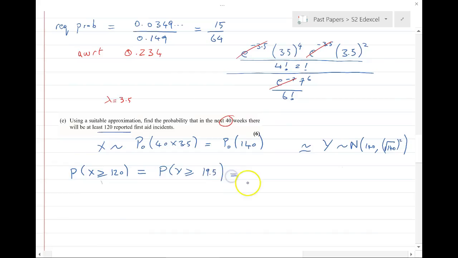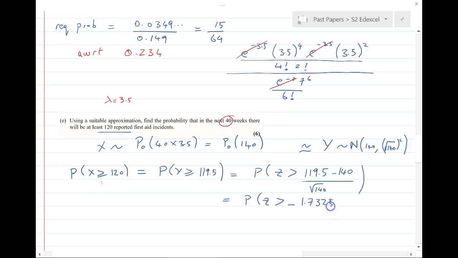Okay, so that tells us what we need to work out is the probability that Z is greater than 119.5, take away 140, over the square root of 140. When I work that out, that gives me the probability that Z is greater than minus 1.7325 and a load of other stuff.